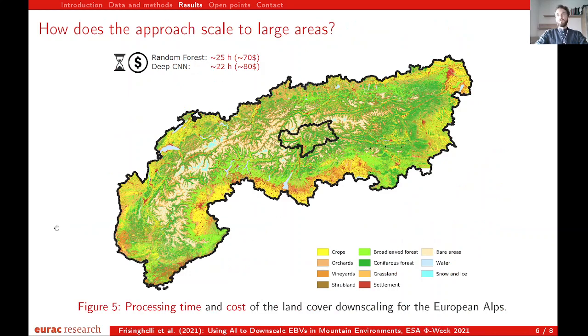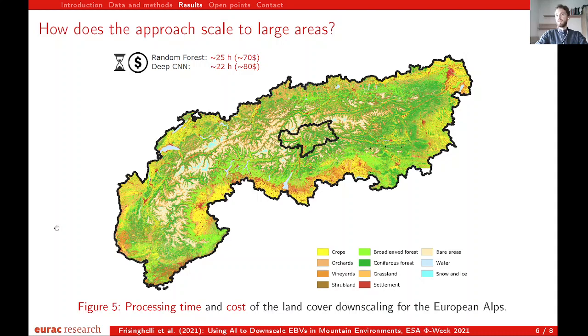Now, having observed the processing time and cost per tile, we were interested in how the developed approach scales to large areas. For this, we applied the land cover downscaling to the area of the entire European Alps, which comprises approximately 40 tiles of the harmonized Landsat Sentinel dataset. Figure 5 shows the resulting land cover classification and the processing time and cost of the random forest versus the deep convolutional neural network.